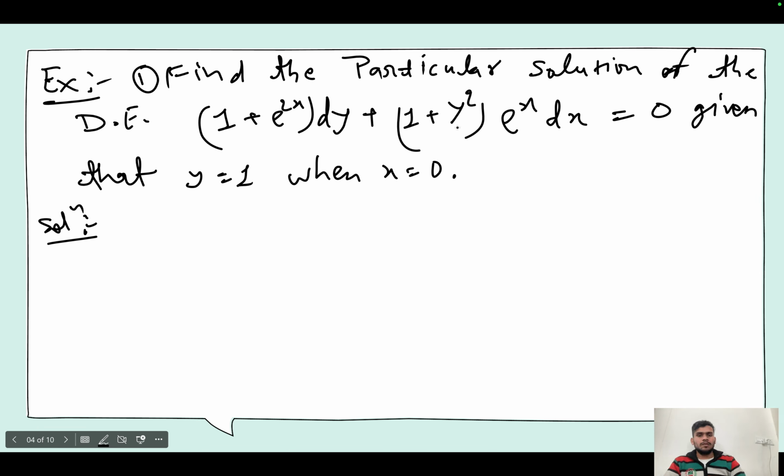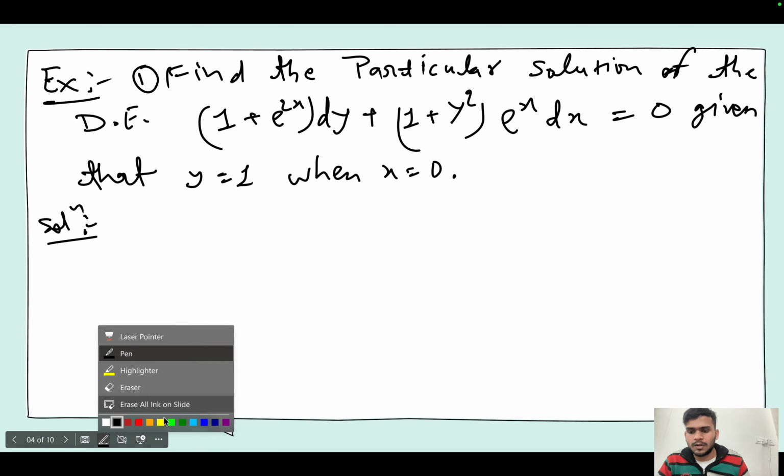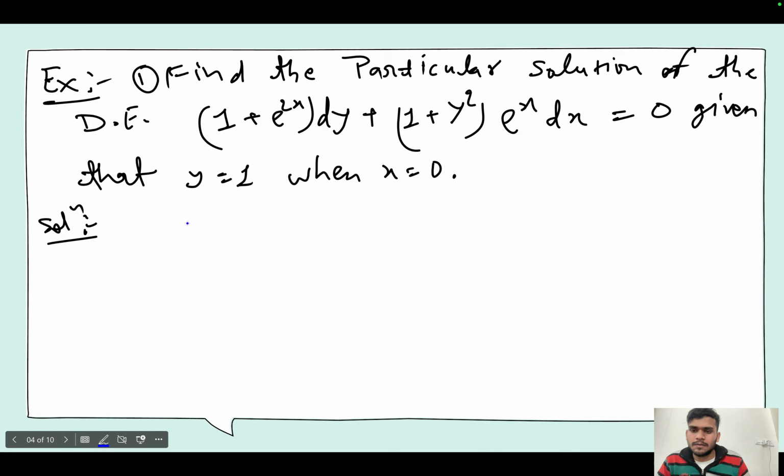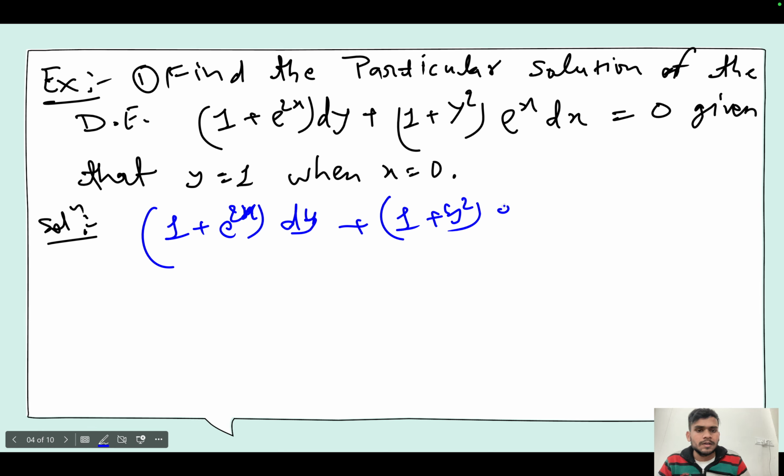Now we are moving to this question, and we will solve it. We are given (1 plus e to the power 2x) dy plus (1 plus y square) e to the power x dx is equal to 0.